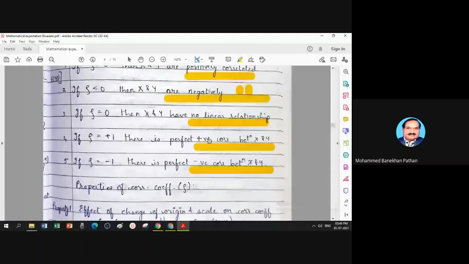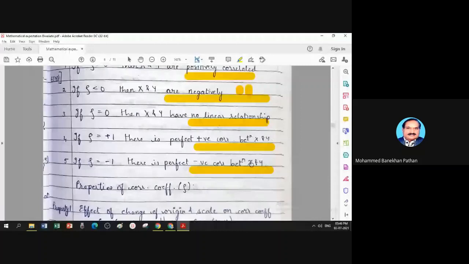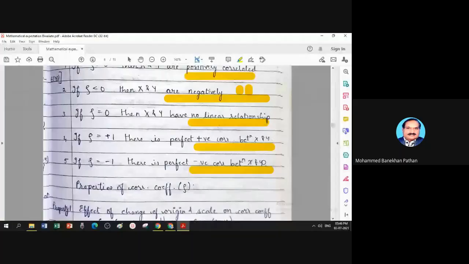What is perfect negative? X increases and it has an impact on the variable Y in the opposite direction. X increases, then Y decreases by the same amount, that is called perfect negative.